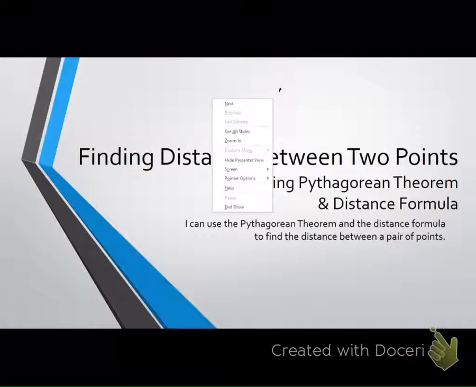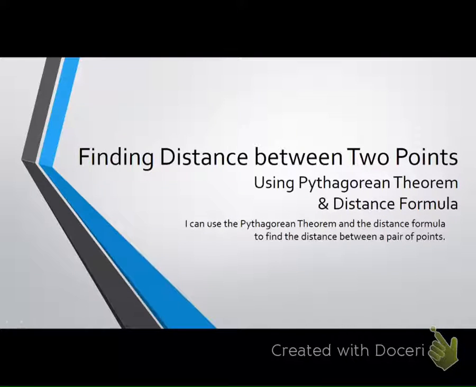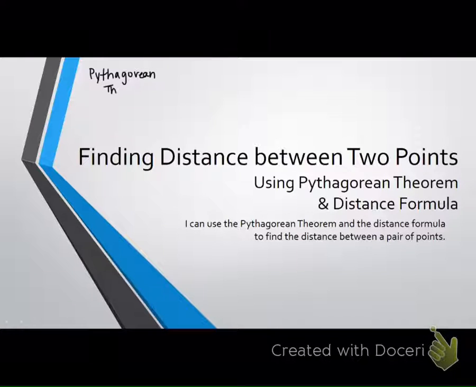Who can remind us what the Pythagorean theorem is? Yes. A squared plus b squared equals c squared. So don't forget that the Pythagorean theorem is a squared plus b squared equals c squared.